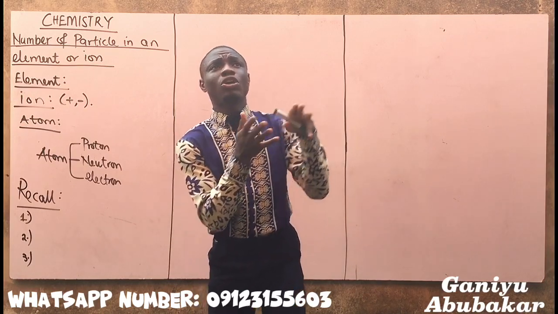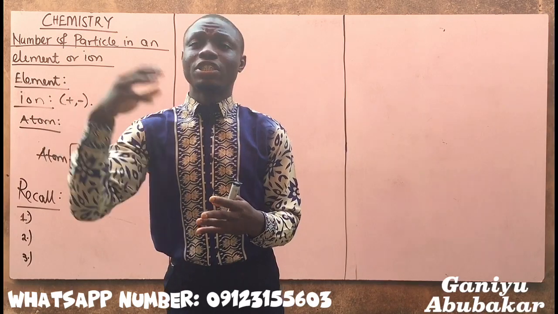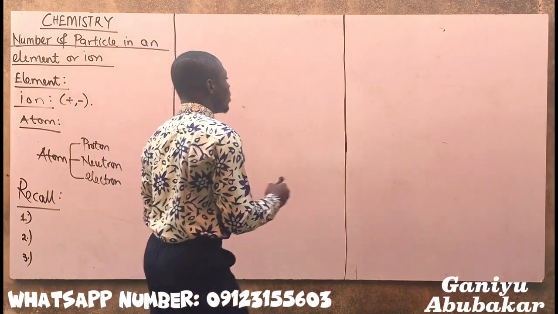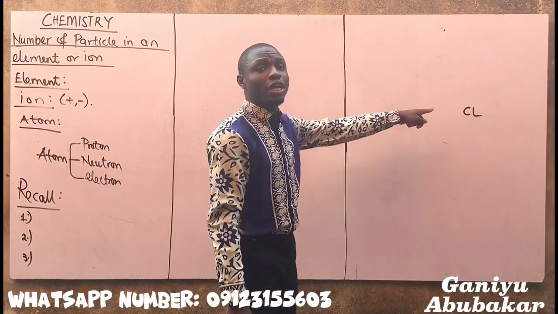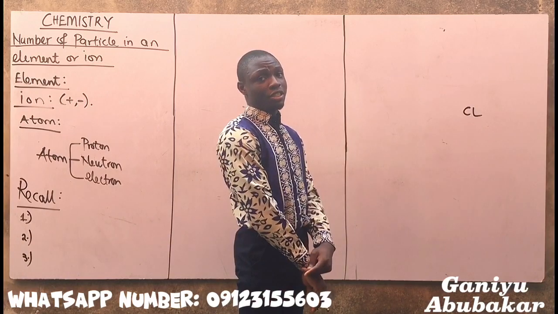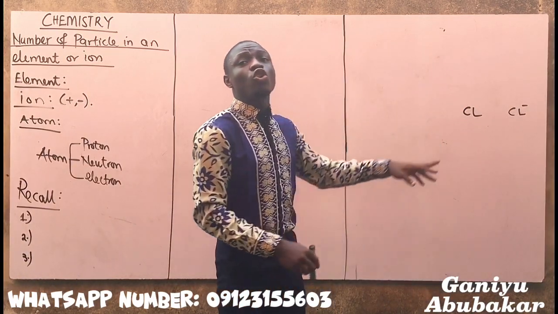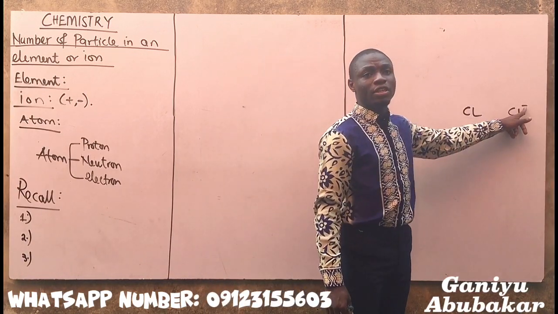It means that the atom does not have a charge. If I'm having chlorine this way, this is a neutral atom. Why? There's no charge. But if I'm having Cl minus, this is a chlorine ion. This is not a neutral atom. Why? It has a charge, right?